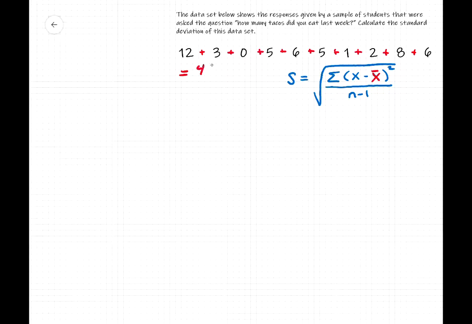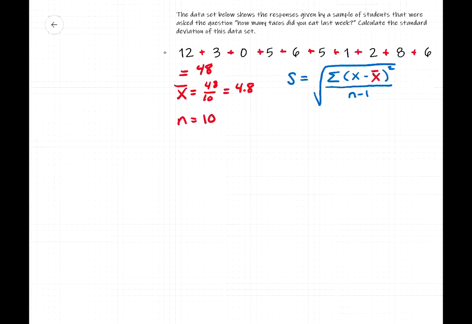Okay, so we add them up, we get 48. So the mean is 48 divided by 10, or 4.8. Okay, so the x bar in this formula is 4.8, and n, the number of values, is equal to 10. All right.